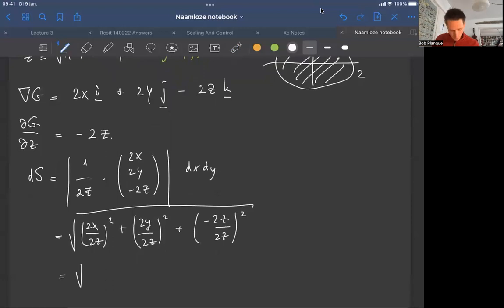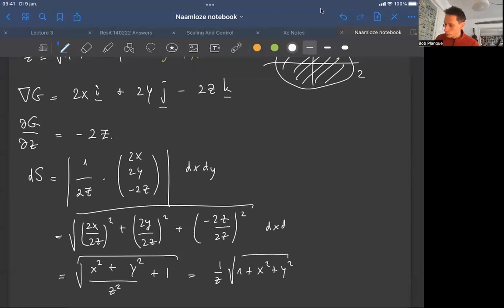And so that's x squared plus y squared over z squared plus 1. So that is actually 1 over z, times the square root of 1 plus x squared plus y squared. And I'm forgetting the dx dy's everywhere.